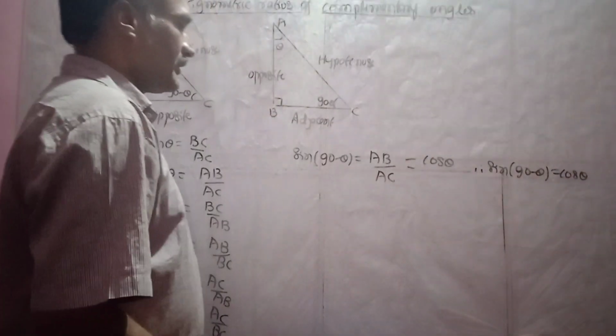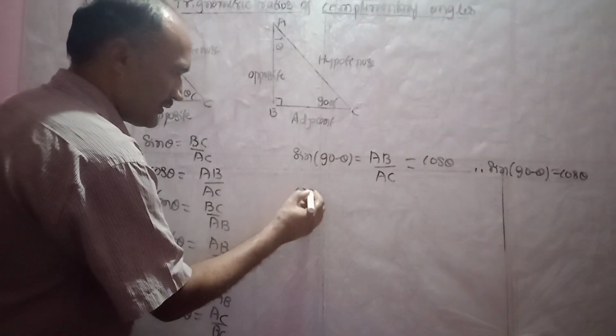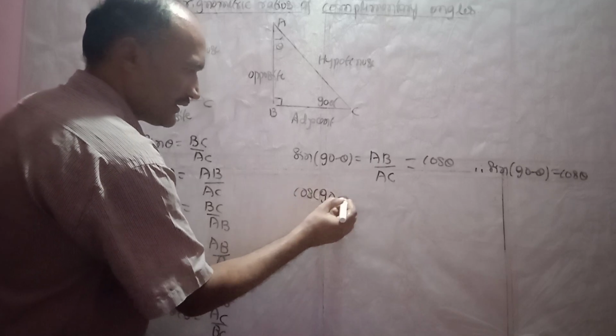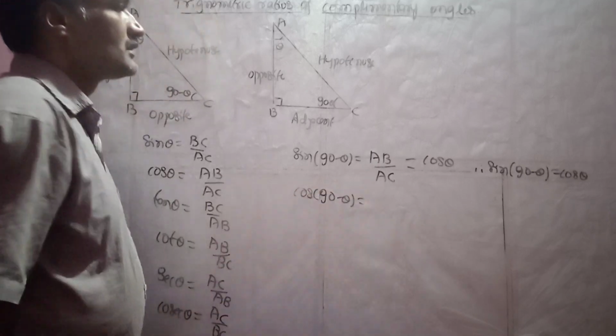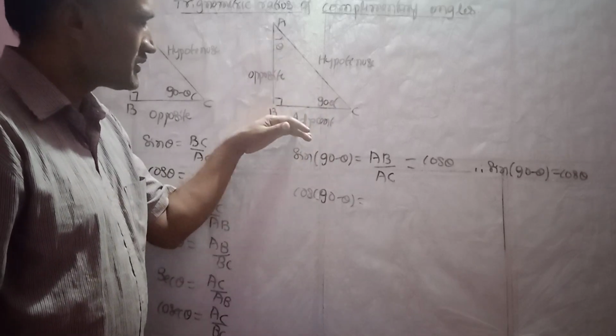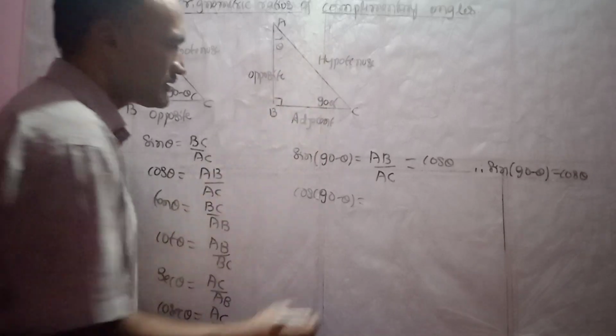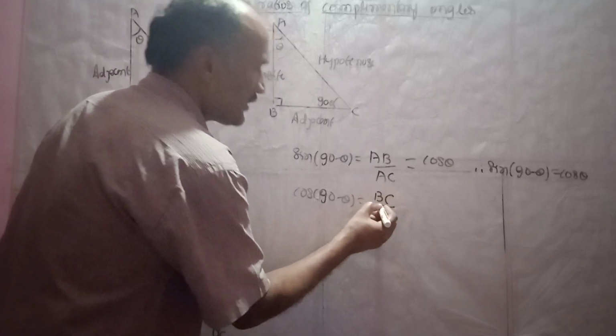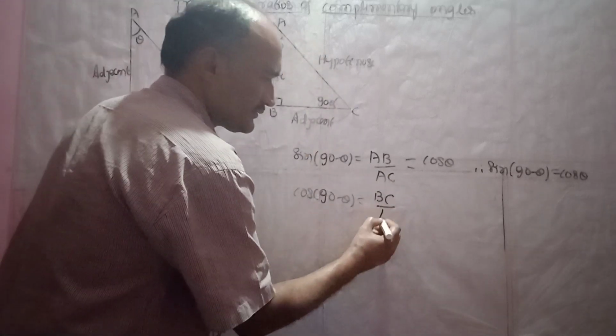Similarly we can write cos 90 minus theta. The cos ratio is adjacent side divided by hypotenuse. Adjacent is BC, divided by hypotenuse AC.